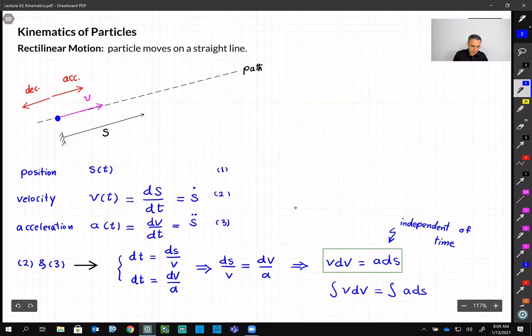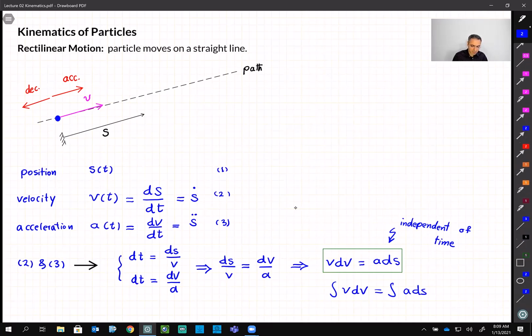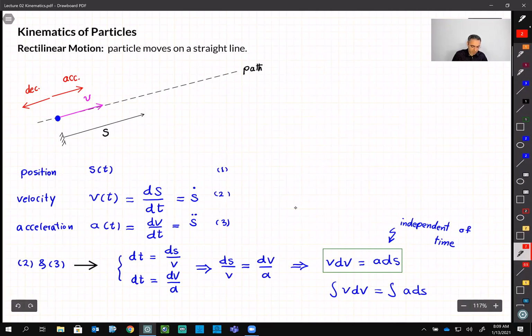So I say I started from velocity v0. Maybe it is 0, but for a general formula, we say we started from velocity v0 and we get to velocity v1, and we started from position s0 and we get to position s1.